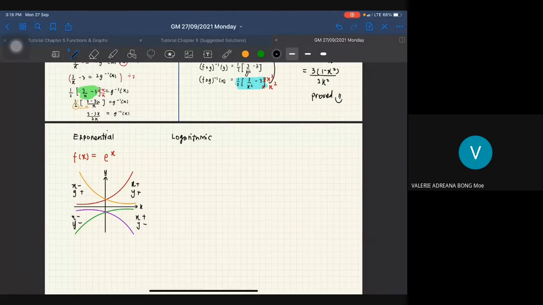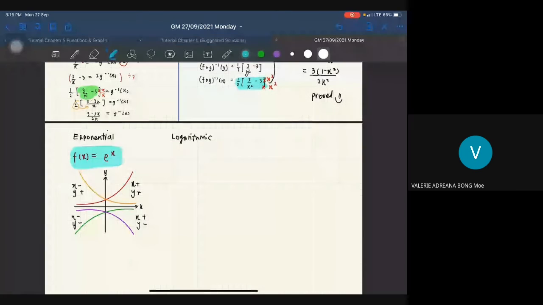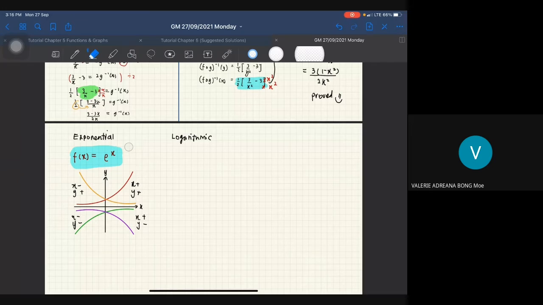Okay, so untuk graf kita, contoh yang kawan awak bagi dekat sini. This one, dia akan berada in which quadrant? First, second, third or fourth? Richard, which quadrant?